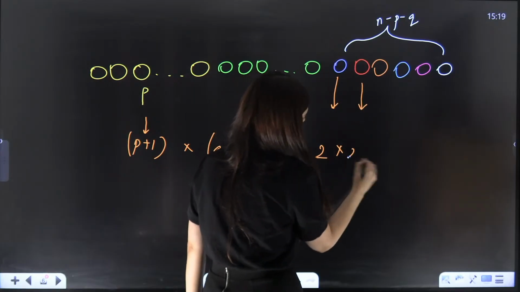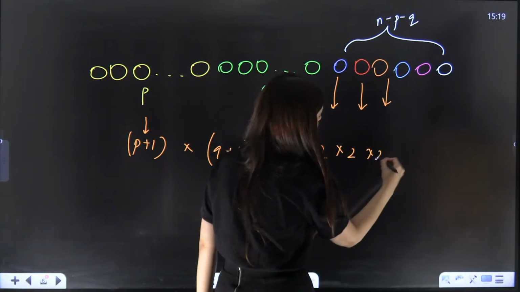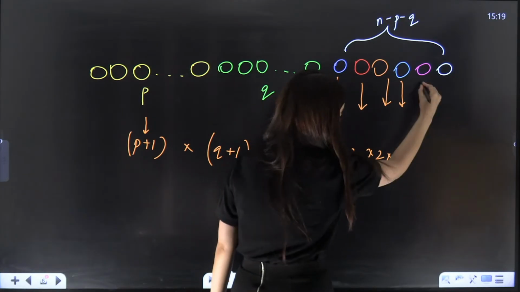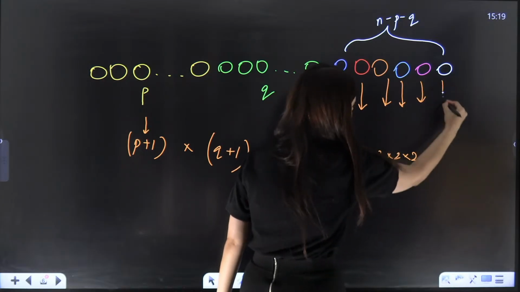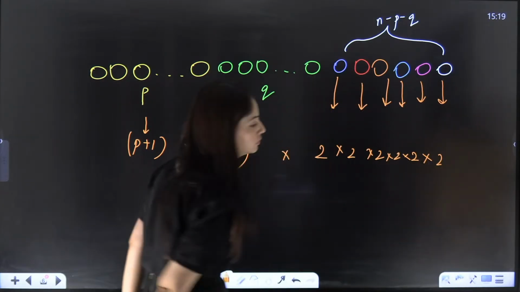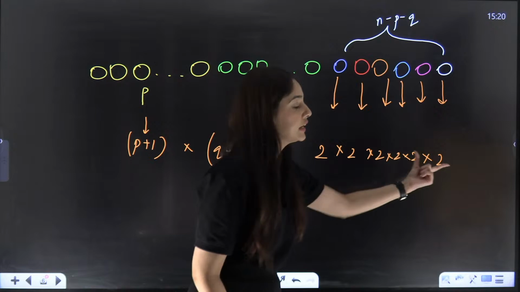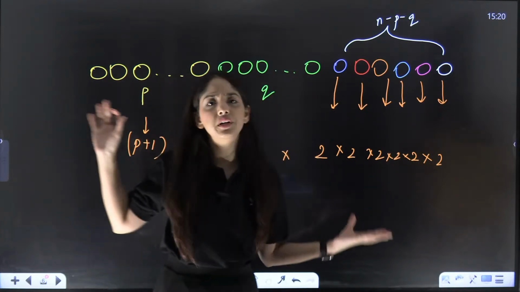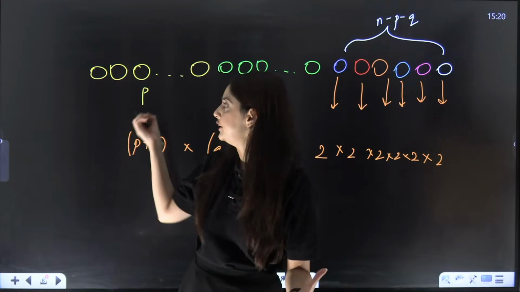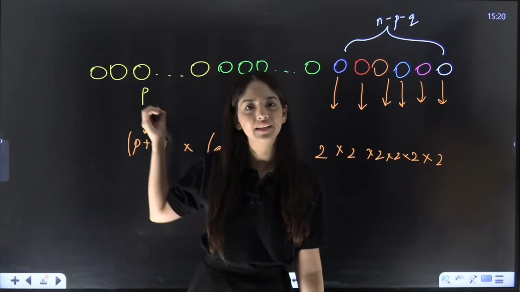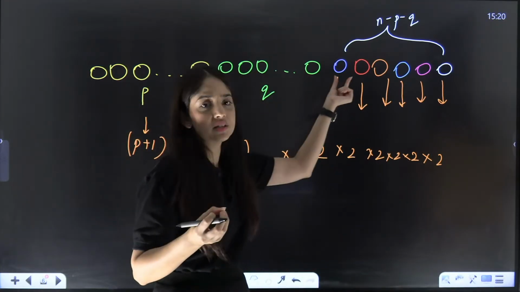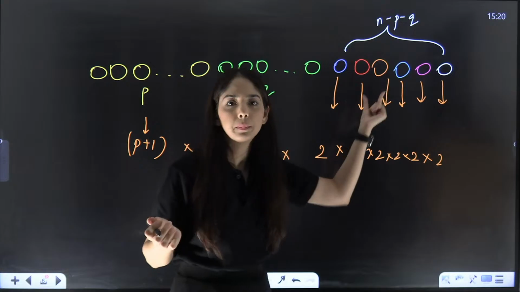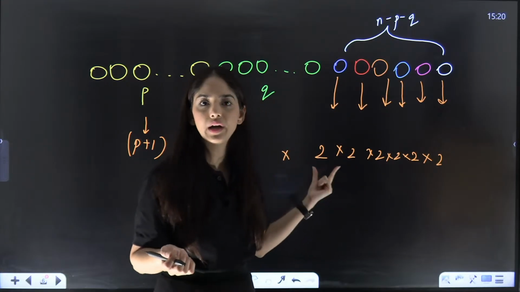Similarly, 2 for this, 2 for this, 2 for this, 2 and 2. So that is where we are getting this. It's not a different problem, it's exactly the same problem. Here p was greater than 1, here p was equal to 1. We're still doing p plus 1, 1 plus 1, 2.